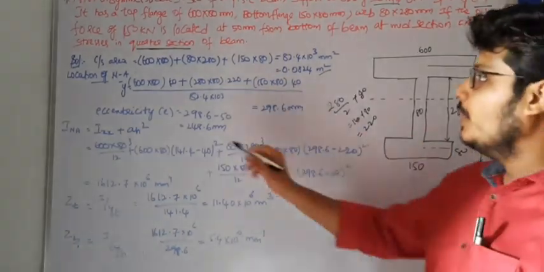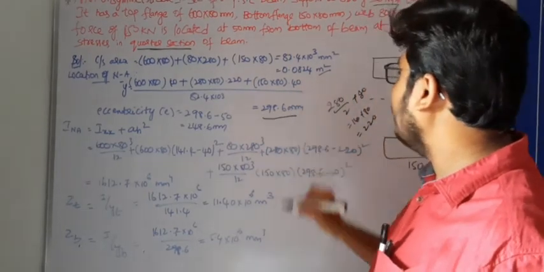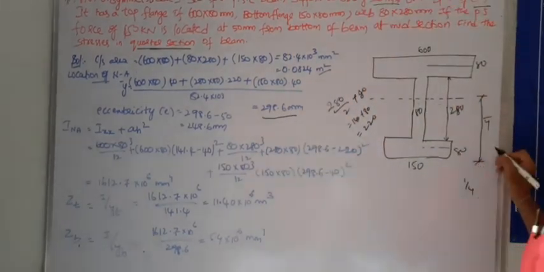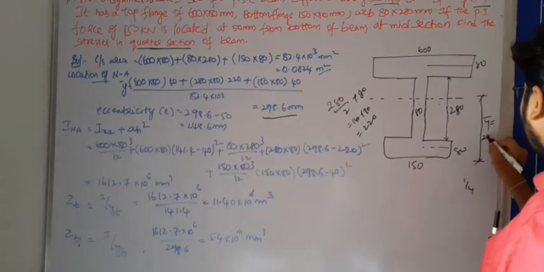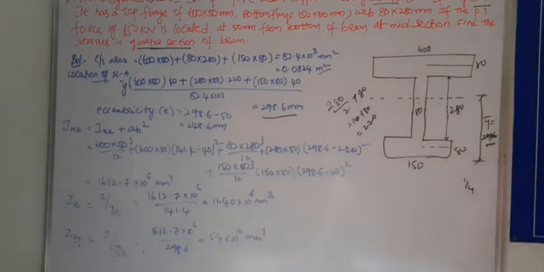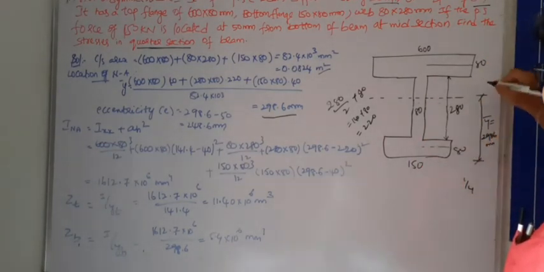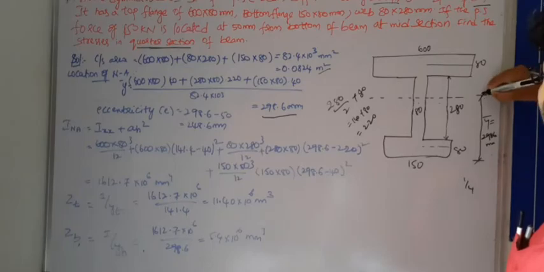So this is the location of the neutral axis. We get the value 298.6, so y bar is equal to 298.6 mm. The remaining part of the overall depth, 80 plus 280 plus 80, minus 298.6, we will get the value of this one.